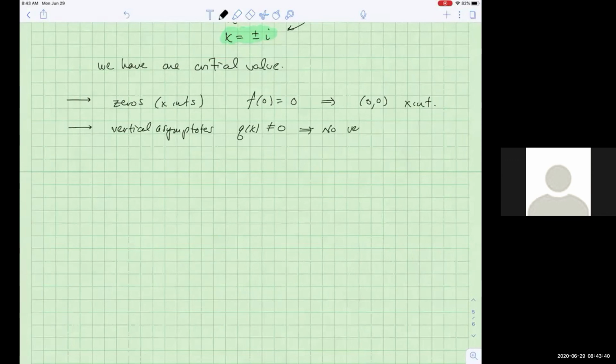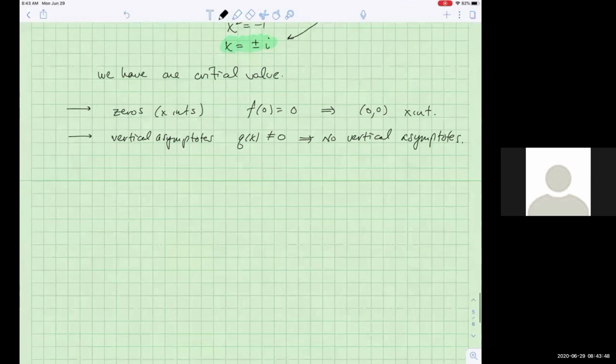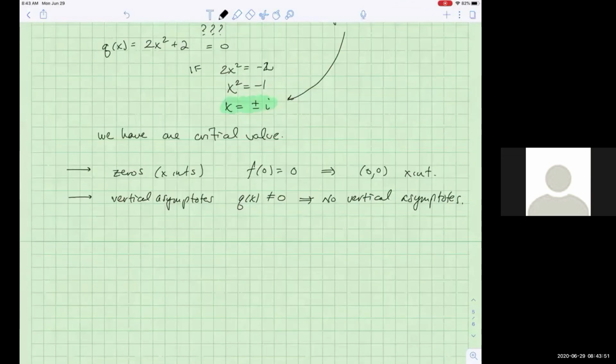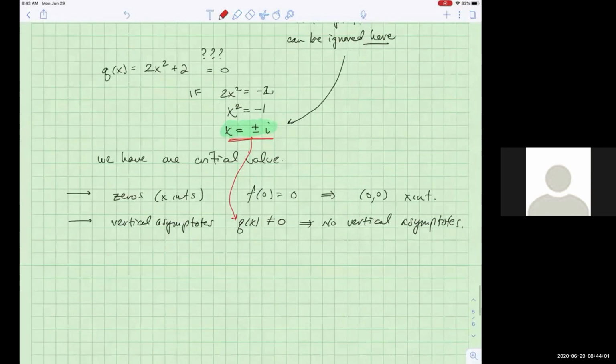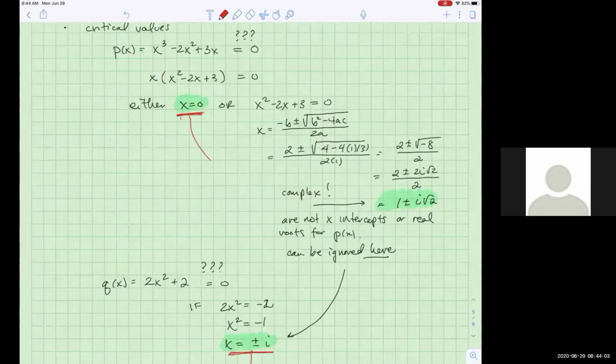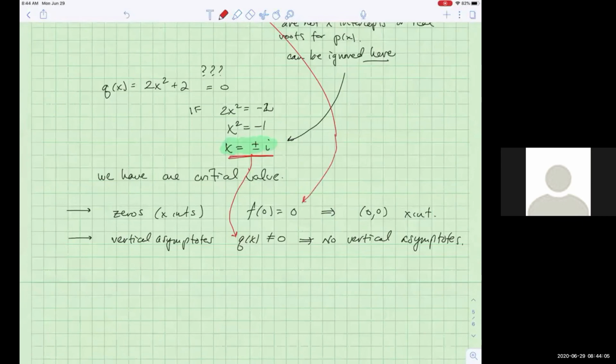So there are no vertical asymptotes. That's because these roots were imaginary. This means that there are no vertical asymptotes. The only value here that was x equals 0 that gave us 0, that result was right here, the x-intercept.